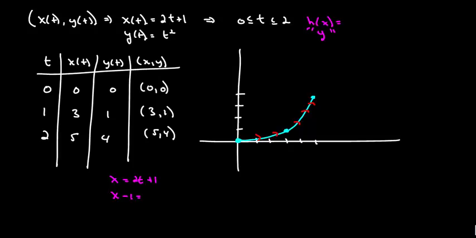So x minus 1 is equal to 2t. So x minus 1 over 2 is equal to t. And if I plug that right into here, I end up with this guy squared, like that.